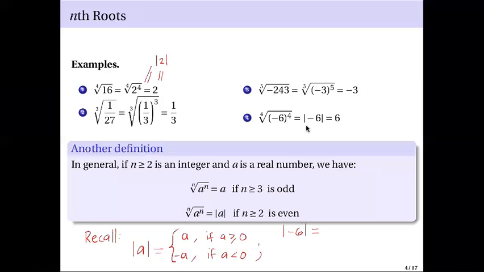The absolute value of negative 6 is equal to negative of negative 6. So a is equal to negative 6. It has its own negative sign, so I put that negative outside a. So that's your negative outside a, and a is negative 6. So negative times negative gives you positive 6.